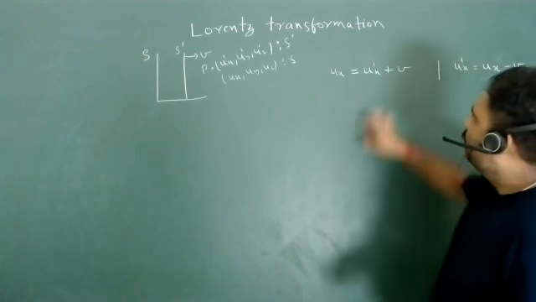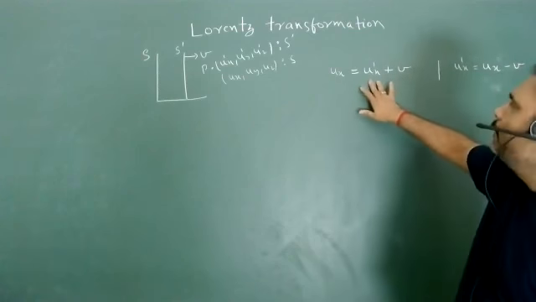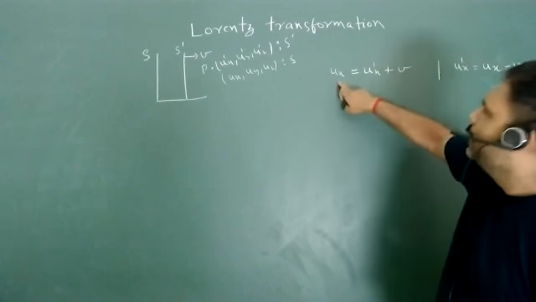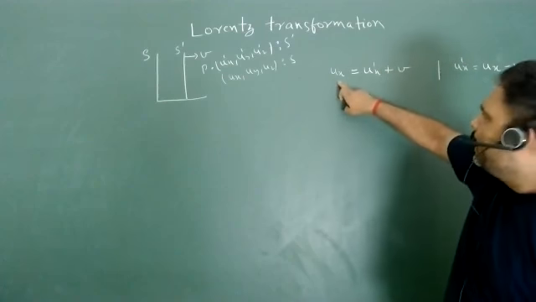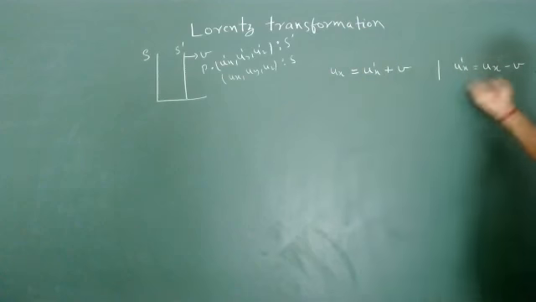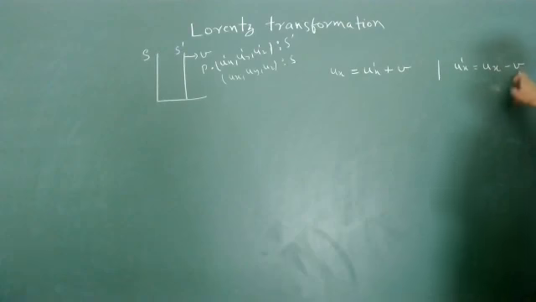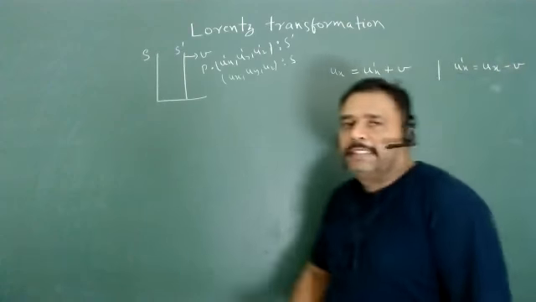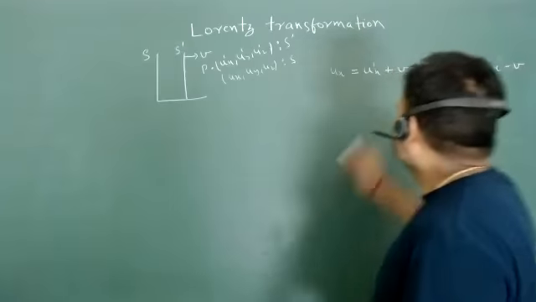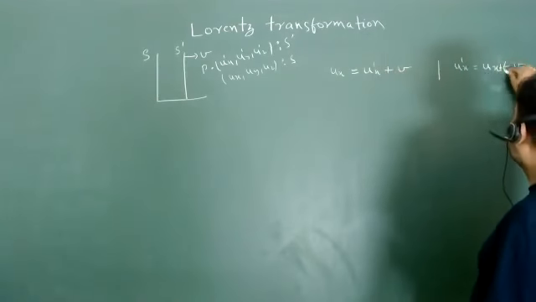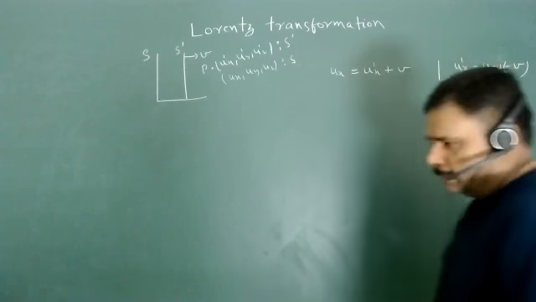That means if we have independent variables ux dash and v, we get the dependent variable ux, and if we have ux and v, we can get ux dash; we only have to change the sign of v.